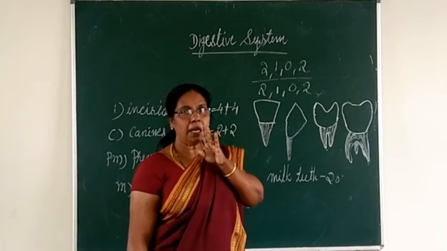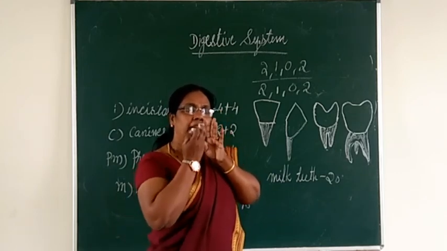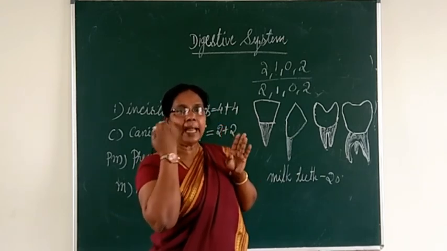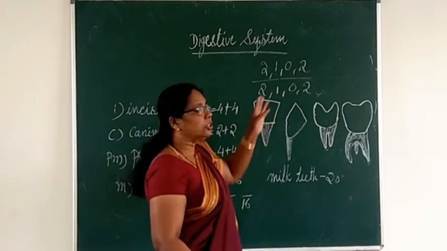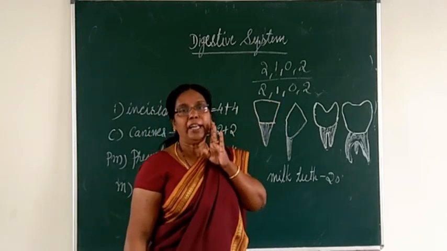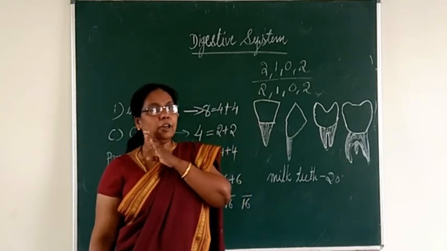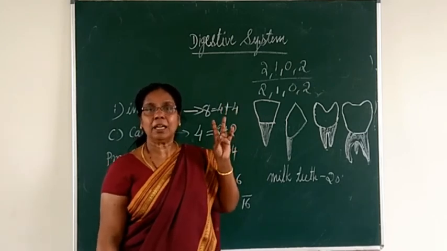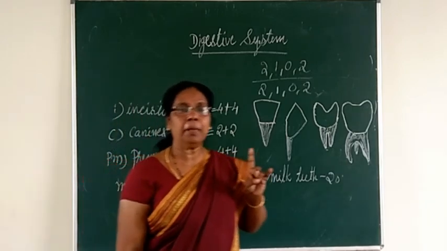Say, for example, the left side you are taking. Then the same thing in the upper jaw, here you can say another 5. So 5 plus 5, 10. And in the lower side also, from the middle to the left side 5, to the right side 5. So 5 plus 5, again 10. So 10 plus 10, how much? 20. 20 milk teeth in young babies.